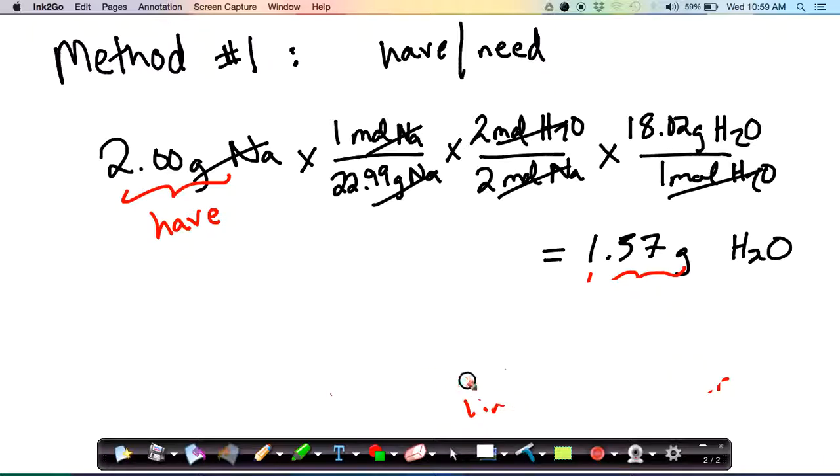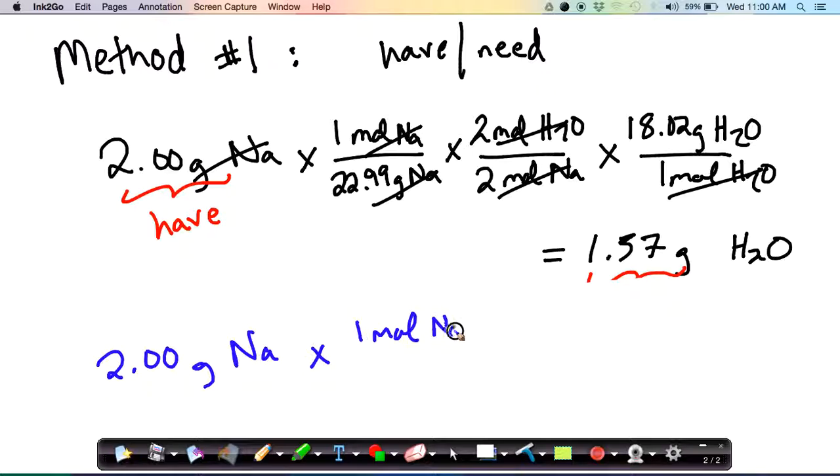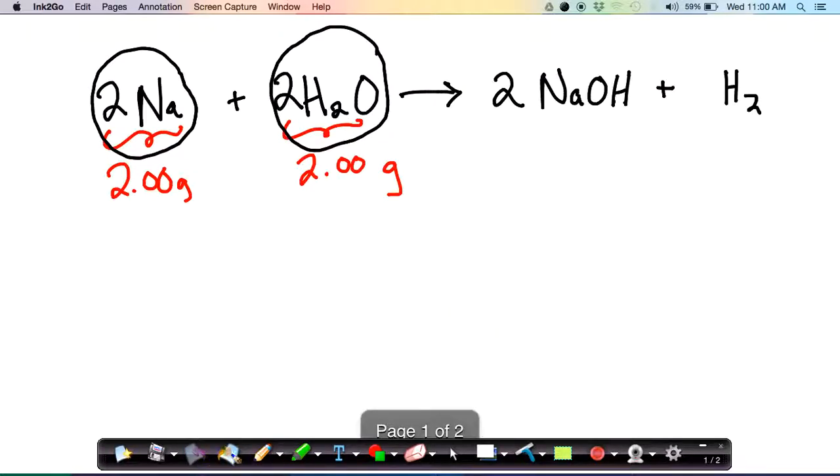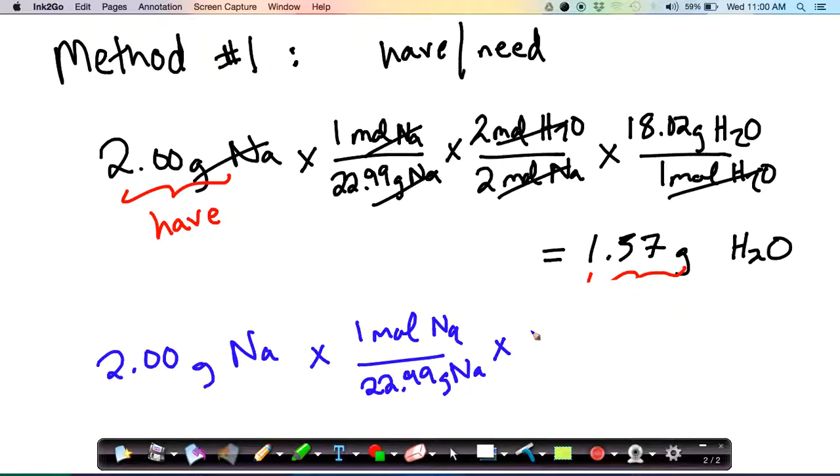So we know that sodium is limiting. So to convert into a mass of sodium hydroxide, we're going to start with the limiting reactant, 2.00 grams of sodium. Convert to moles of sodium. And then we're going to convert to moles of sodium hydroxide. So it looks like it's going to be another 2-to-2 ratio here.